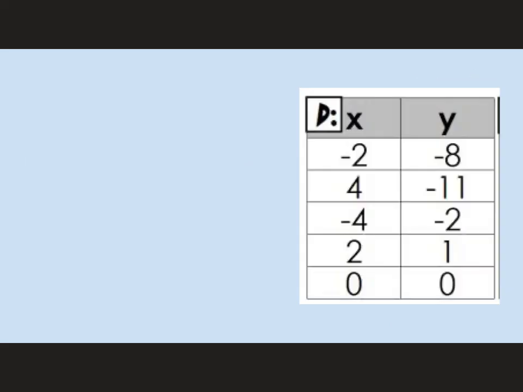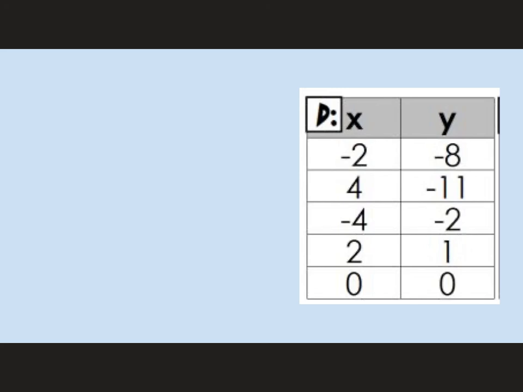All right, now let's look at the next one. I'm going to have you guys give me the names of some of these things. You don't have to write this one down. Let's just talk about it. Somebody give me a domain value from this table. -2. Very good. Somebody give me a dependent value from this table. 1. Very good. Somebody give me a domain value from this table. 4, good.